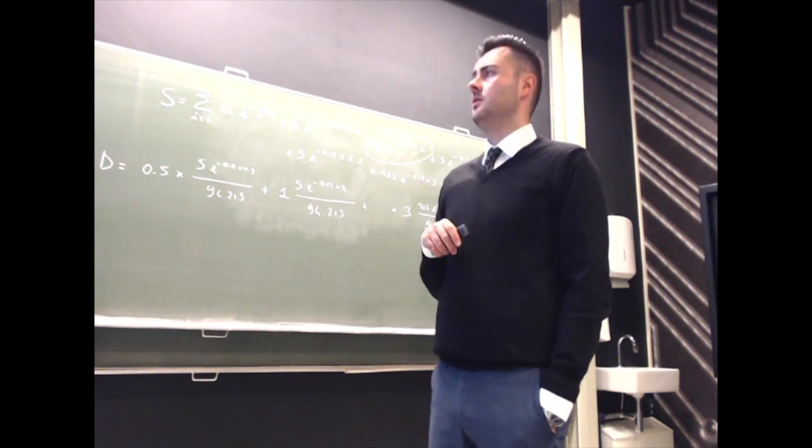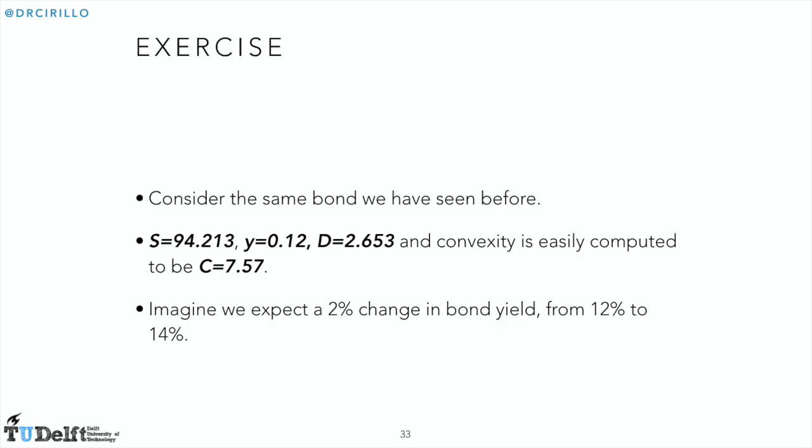And we can see that with a simple example. So consider the same bond with the same data. If, and it's an exercise that I suggest, you compute convexity, the convexity that you will get for that bond is 7.57. Okay? That's what you get by applying the formula very simply and computing the quantities. Now, instead of a change of 10 basis points, so 0.1%, we think of a change of 2%.